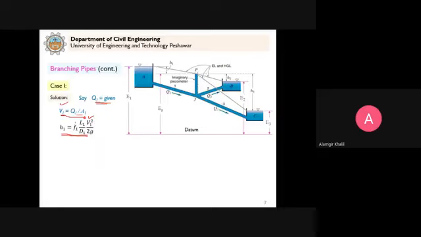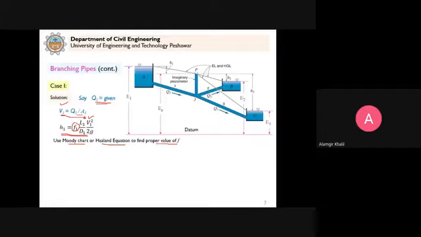Now from where will F1 come? This is the friction factor. You will use Moody's chart or Haaland equation to find the proper value of this friction factor. So now you have V1, D1 is given.